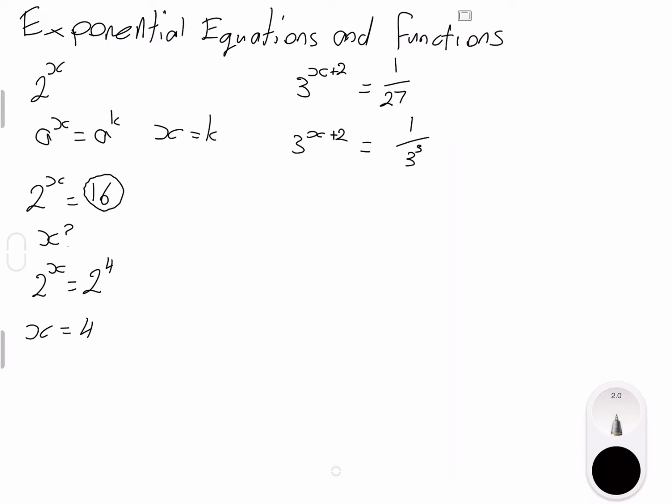Now, remember for our index laws, that we could again rewrite this as 3 to the power of minus 3. Now we're getting somewhere, because they're both in the same base. We can then go x plus 2 is equal to minus 3, in which case x is going to be equal to minus 5.